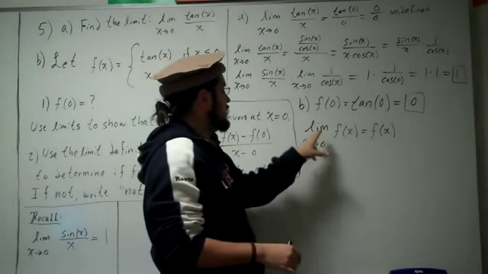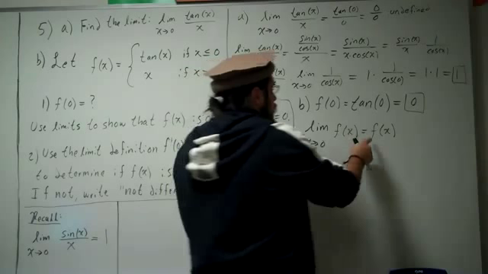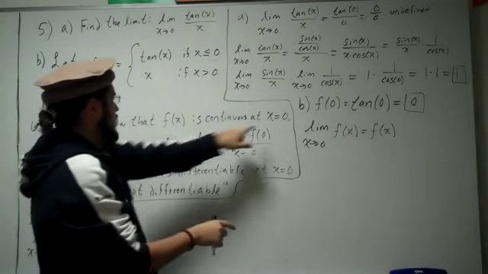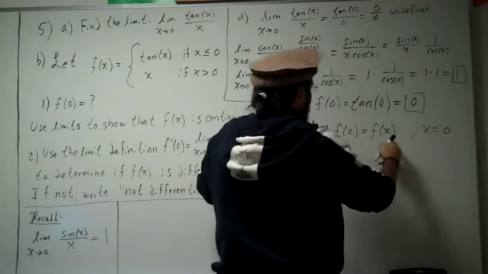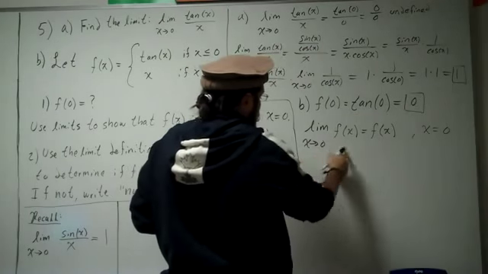In order to show it's continuous, the limit as x approaches 0 of f of x has to equal f of 0. Well, we already know what f of x is at x equals 0. So f of 0 is tan of 0, which is 0. Now, we need to show that the limit is 0 as well.